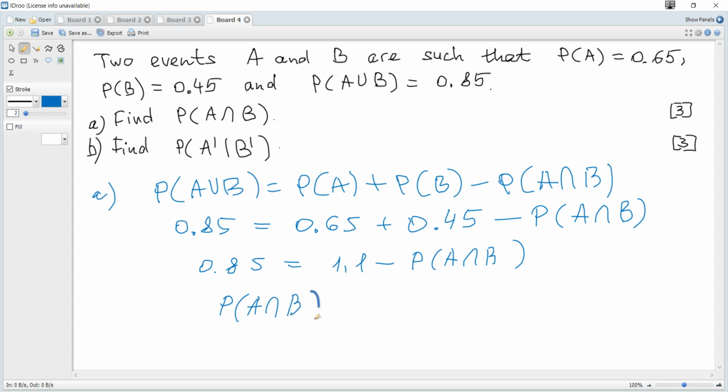To get that, the required probability of A and B becomes 1.1 minus 0.85, which is 0.25.